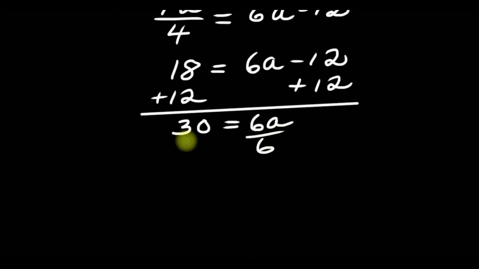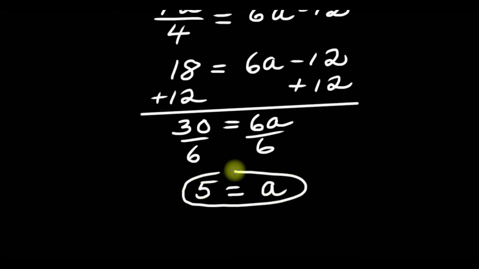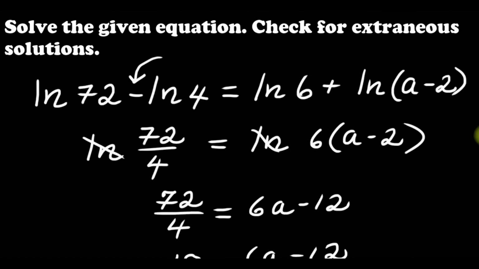So divide by 6, divide by 6. So a is 5. Okay, so if you plug a back in, a is a positive number. If you plug it in here, where a is, well, 5 take away 2 is 3, and you can take ln of 3. So you're okay with that. That is not an extraneous solution.